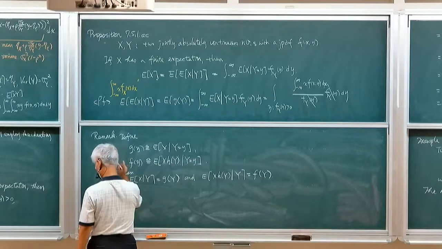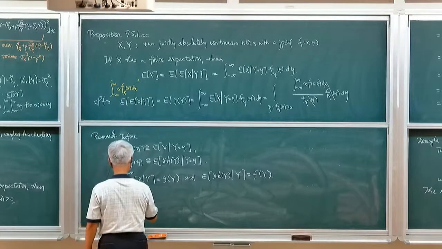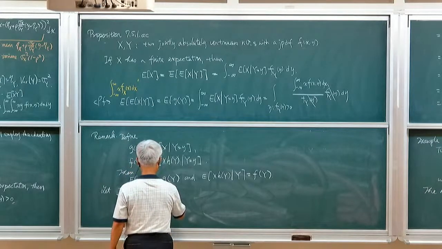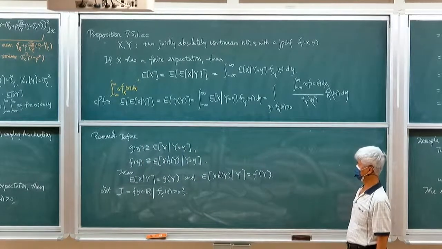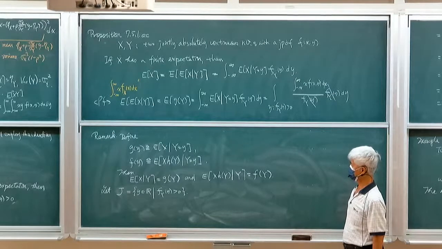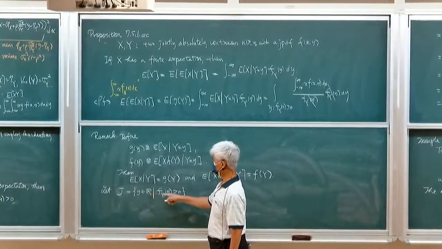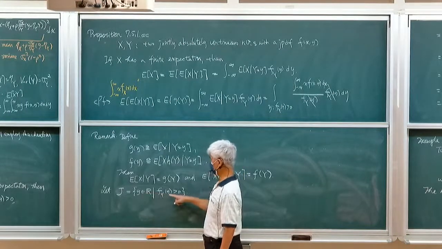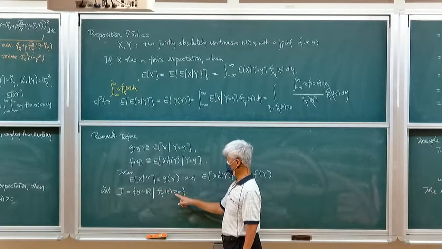I will use a notation: let J be the set of all y such that the PDF of random variable Y is positive at little y.